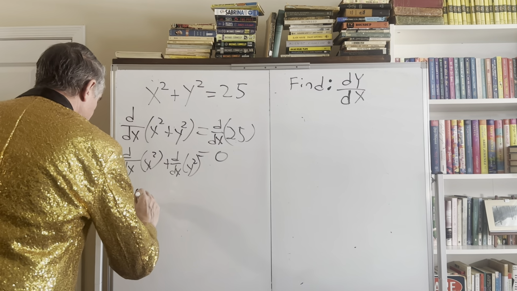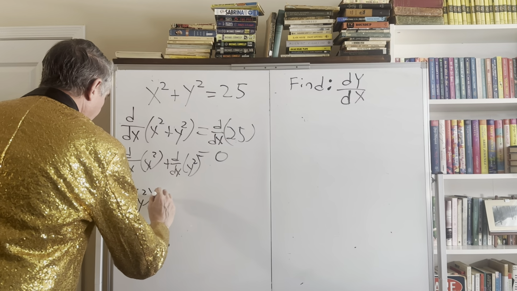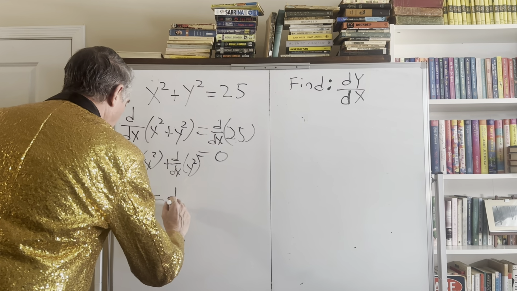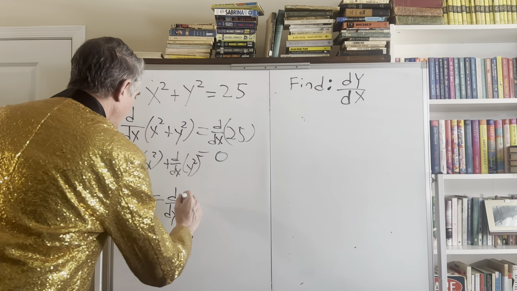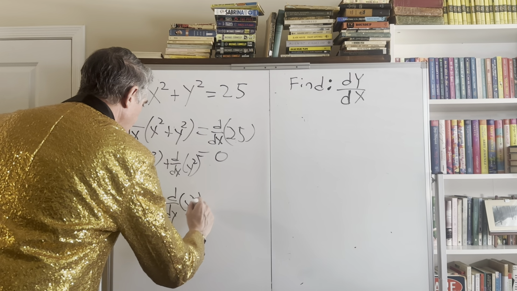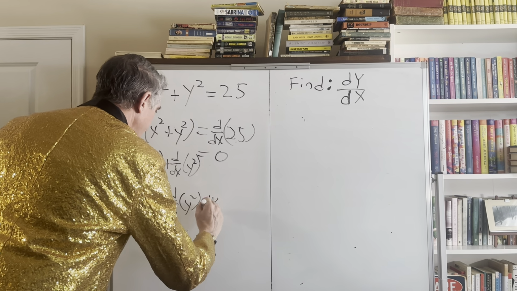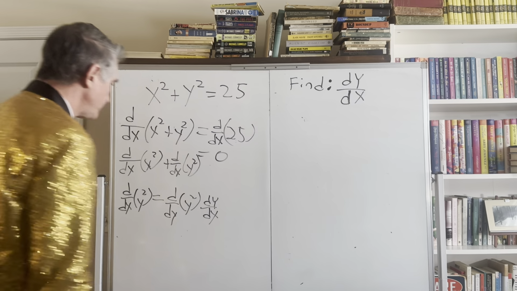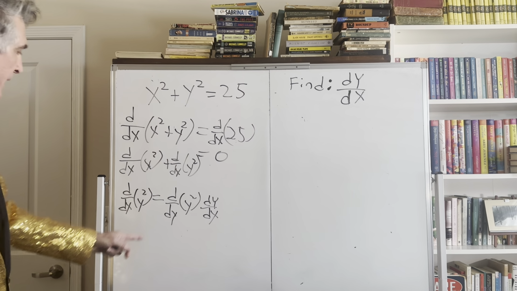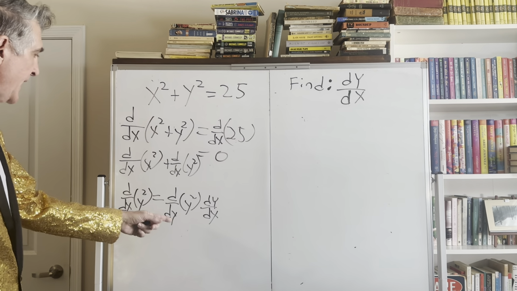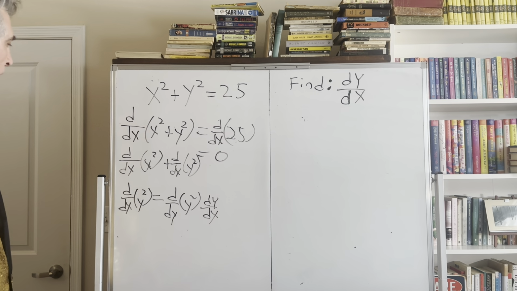All right, so our d dx here with our y squared, that's going to equal d dy of y squared times dy dx. All right. Well, what's going on here now is I've got the bases the same. The base of the powers are the same.